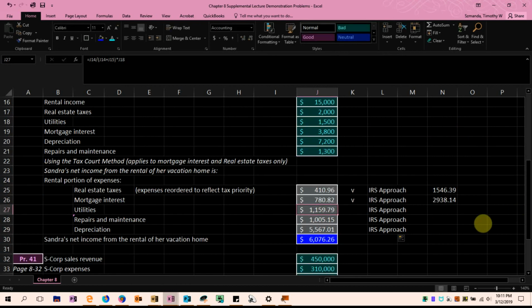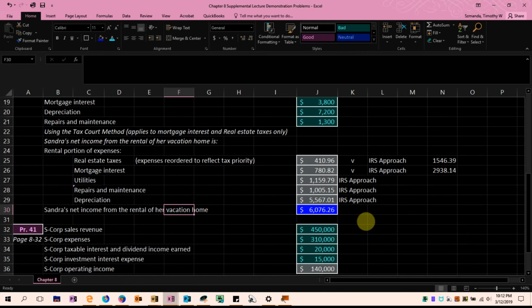And we will repeat that process for each of these expenses using the IRS approach. So here, as I'm going to slide this over to make it a little bit easier to see, we have no choice. We have to use the IRS approach. As I said up here, we're using the tax court approach just for these two expenses. We are not allowed to use the tax court approach for any other expenses.